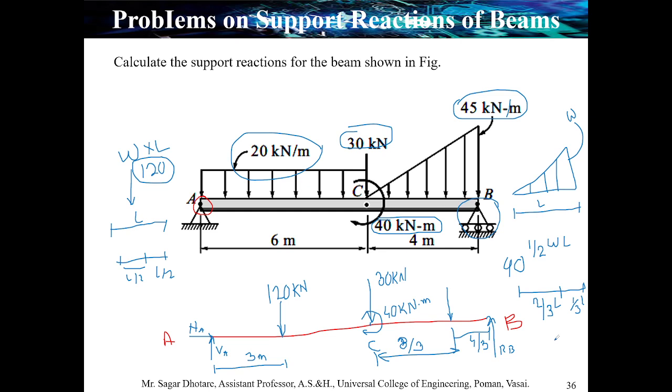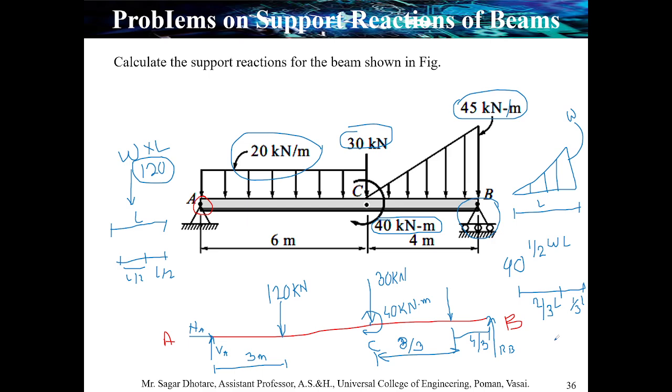Now the remaining is the UVL, which we have converted into a single point load using the equation 1/2 W into L, and its position from point C is 2/3 of L, or from point B it is located at 1/3 of L.